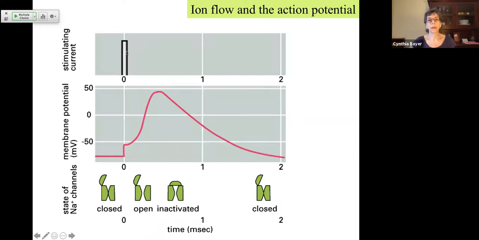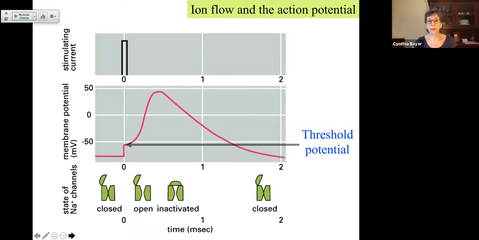We then stimulate this membrane, right? We apply a current at time point 0, which quickly causes a change in the membrane potential from minus 80 to about minus 60. At minus 60, the sodium ion channel changes its conformation from closed to open. When that sodium ion channel is in the open state, we are at our threshold potential. So the threshold potential is the voltage at which the sodium ion channel can open.